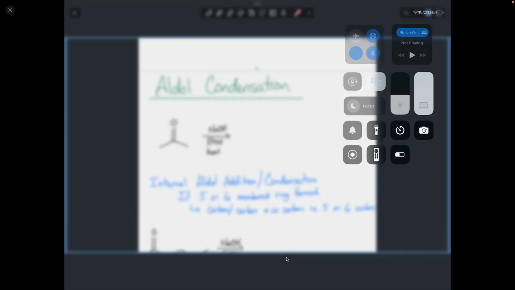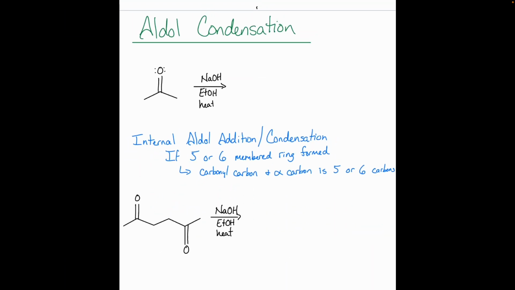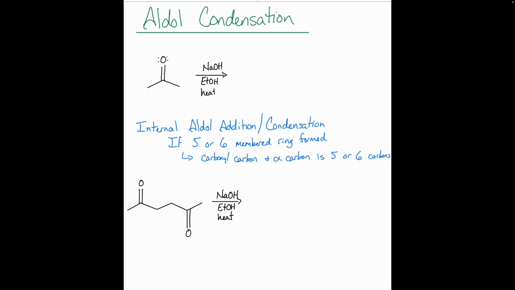All right, so we're going to start by doing a little bit of practice of what we did last class with these aldol condensations. The first one is a very simple one, just using acetone, a nice small ketone. For the second one though, this will be an internal aldol condensation. So your nucleophile and your electrophile will all be within the same molecule.